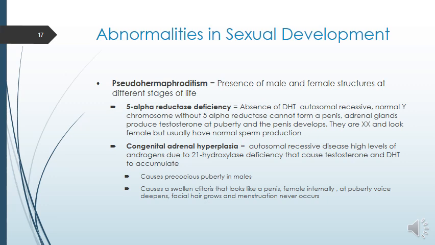Instead of developing breasts and getting her period, the clitoris enlarges into a penis. Usually sperm production is normal. XX individuals with 5-alpha reductase deficiency look female. The degree to which the pseudohermaphroditism disturbs the individual depends as much on society as it does on genetics.